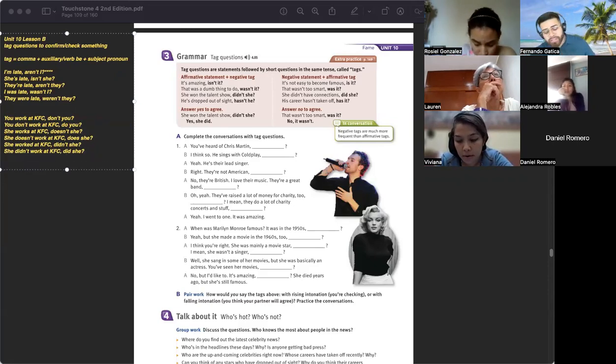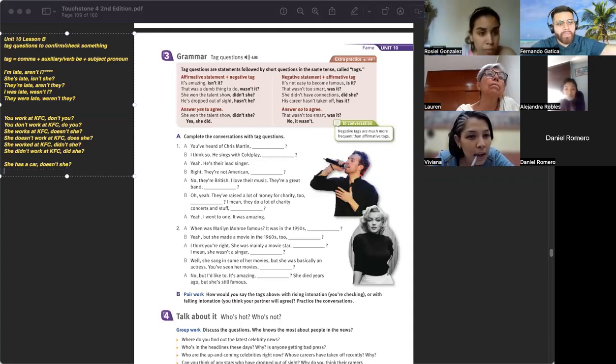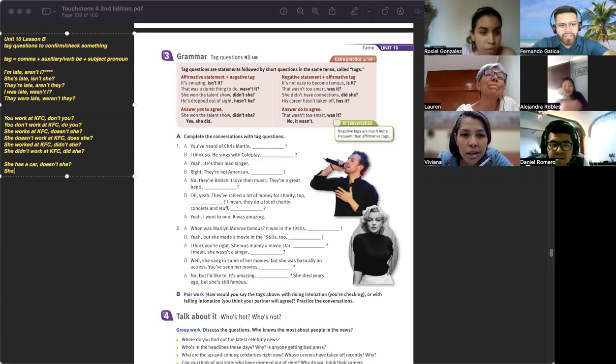Something that might be confusing is the present perfect. Look, she has a car, doesn't she? Because it's not present perfect. So that's going to be a little confusing.